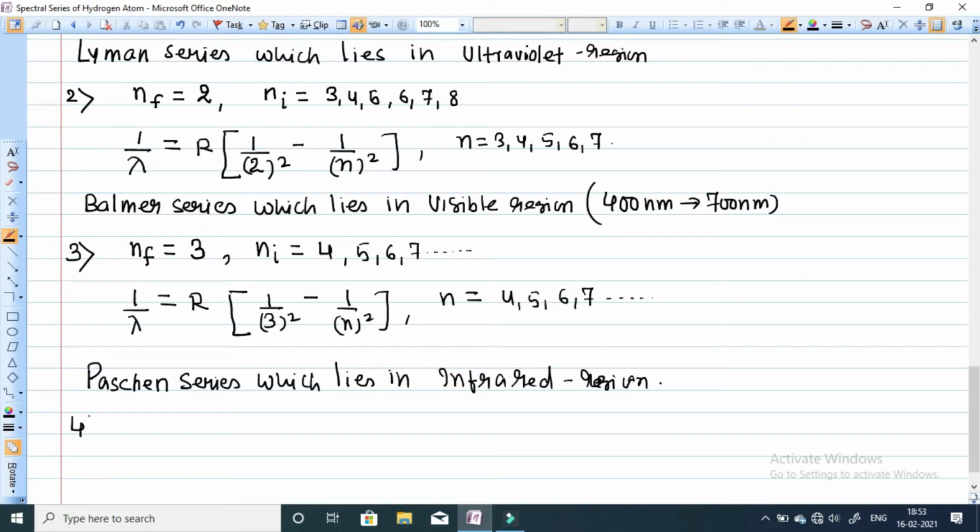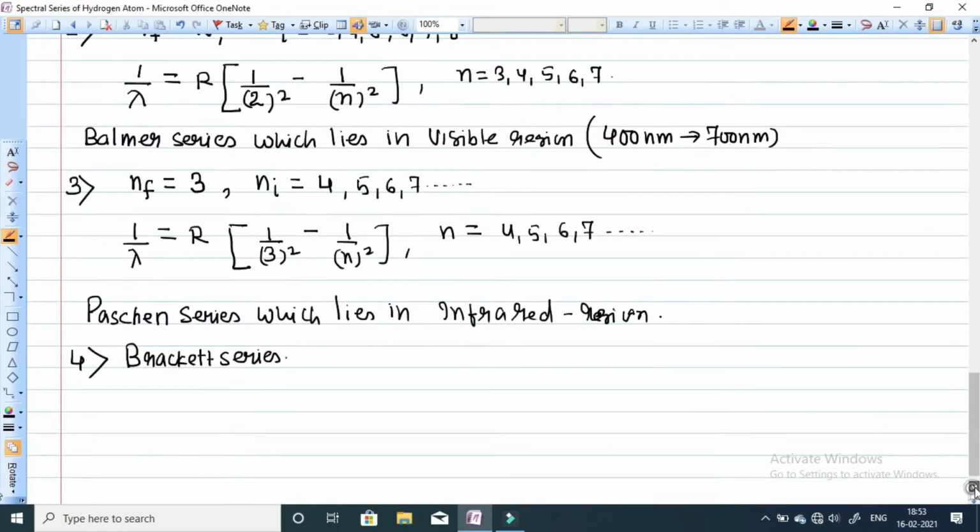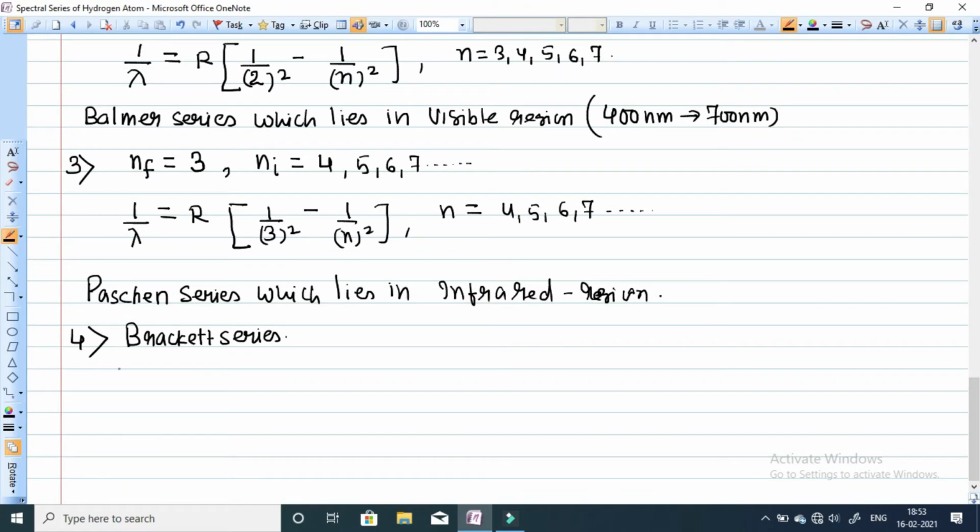Next we have Brackett. Similar explanation: the Brackett series. Finally the electron will jump into the third excited state, meaning n is equal to 4, and you need to choose a higher value, meaning initially the electron was in the fourth, fifth, sixth excited state, like this.